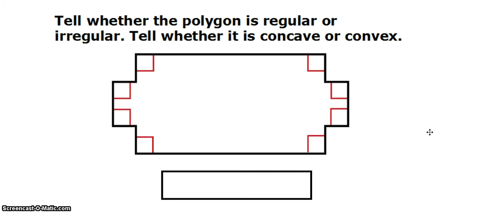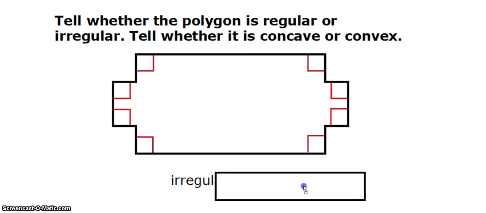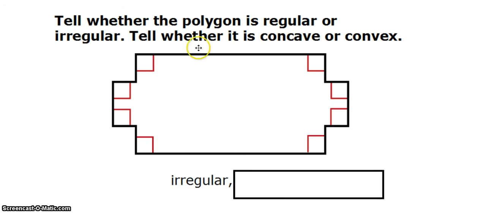Tell whether the polygon is regular or irregular. Tell whether it is concave or convex. So regular, remember, equiangular and equilateral. Is this regular or irregular? It is irregular, isn't it? We do not have equal sides in all cases. Is it concave or convex?